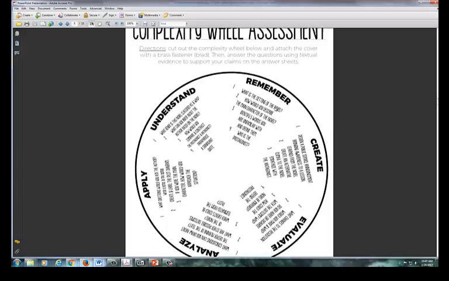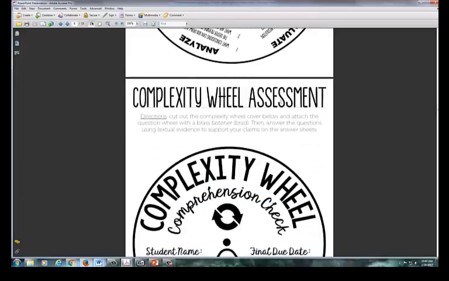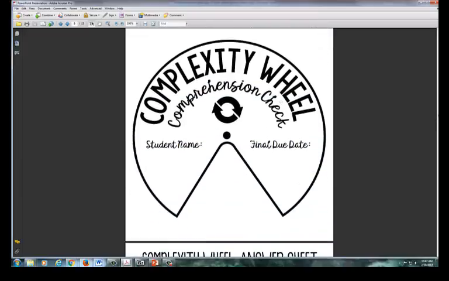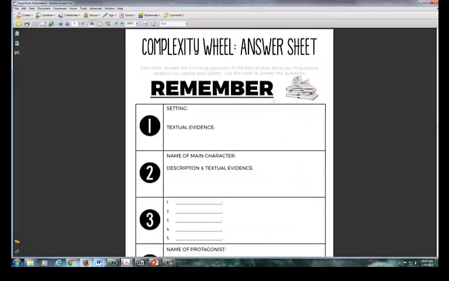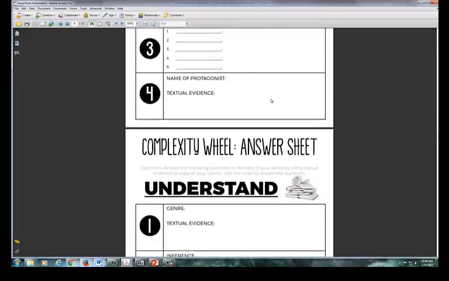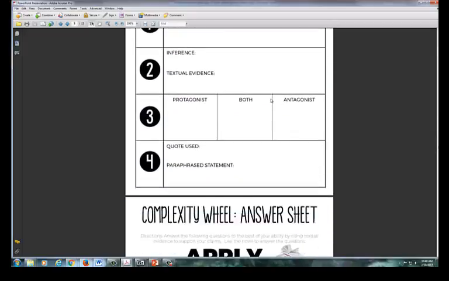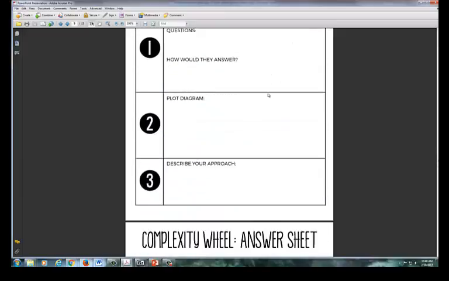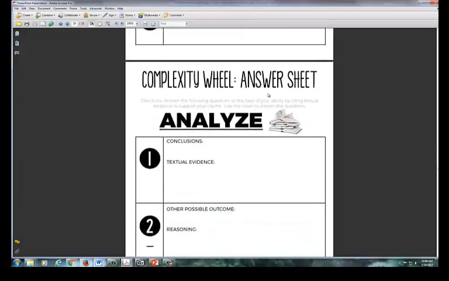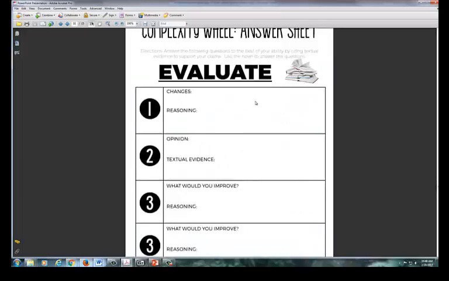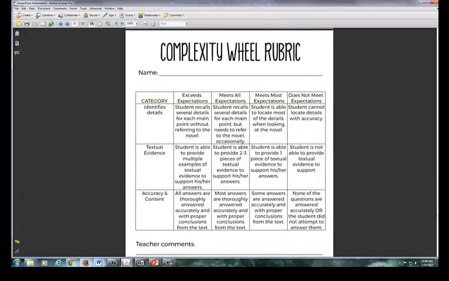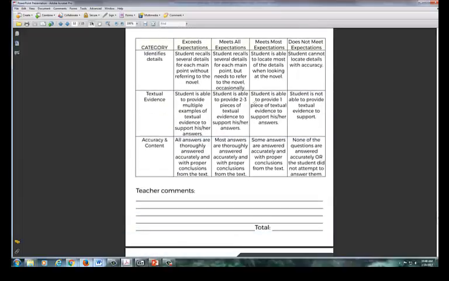Okay, so this is your wheel. You will get another piece of your wheel, and then your answer sheets look like this. Okay, now this is the written work that I mentioned, that you can choose to do things as you go in your novel, or you can choose to save it all until the end after you have finished your novel.